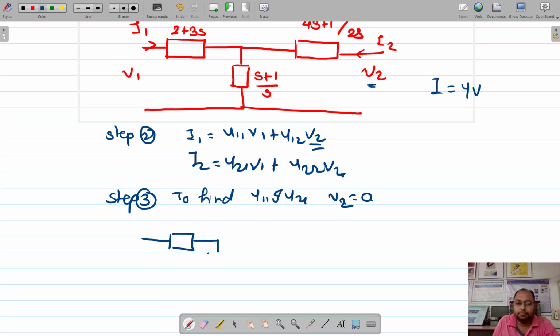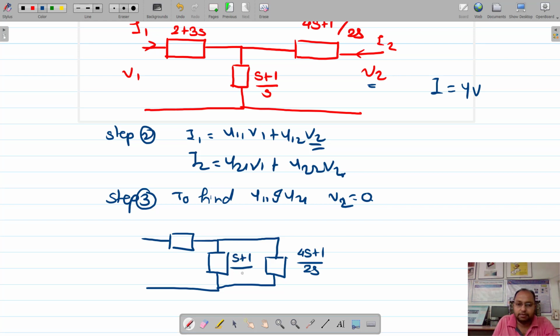Let me redraw the circuit diagram after making the short circuit over there. So this will be my simplified circuit diagram after performing the short circuit. This is nothing but your 4s plus 1 divided by twice s, and this is nothing but your s plus 1 divided by s. Now this is a little bit complicated computation. You need to perform this parallel combination.